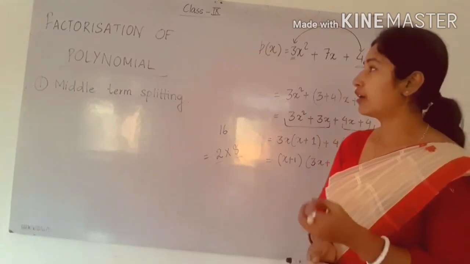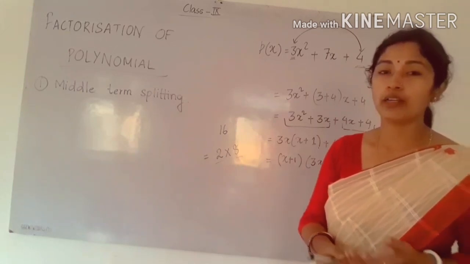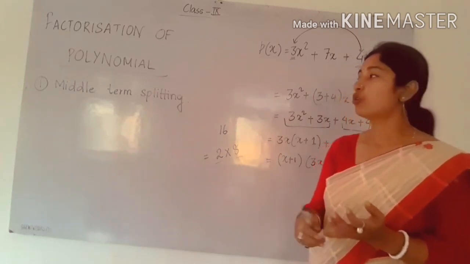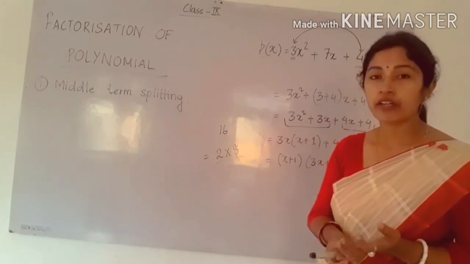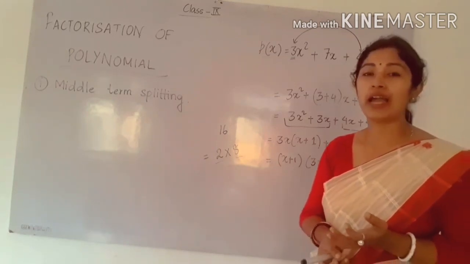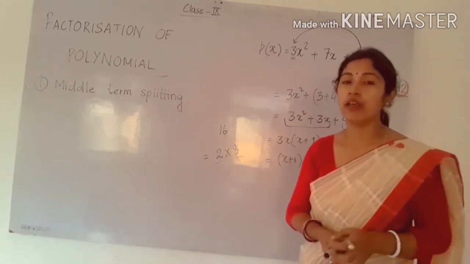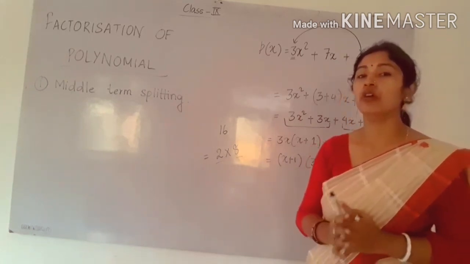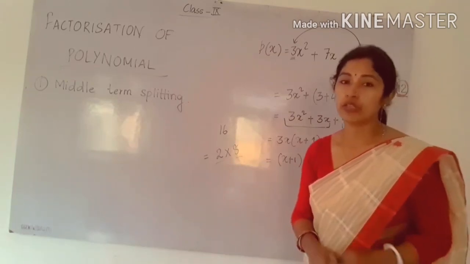So there are 2-3 things which will be discussed in my next lecture. First will be how to factorize a cubic polynomial, then what is the factor theorem, and the next topic will be identities. So these 3 topics I will discuss in my next lecture. Try to practice up to exercise 2.3. So thank you for today.